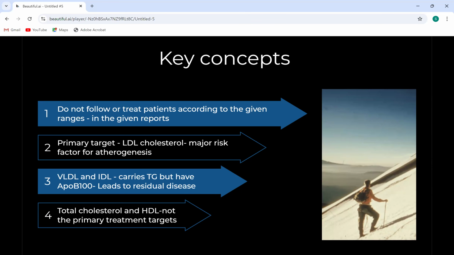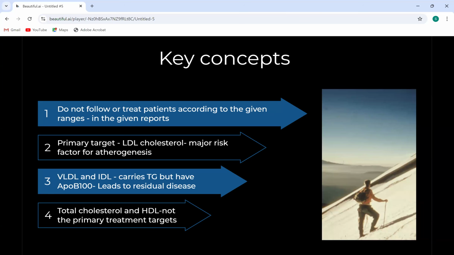Patients will come and say, my total cholesterol is okay, or my total cholesterol is this. What you need to educate them is that it's not your total cholesterol which matters, because it does contain HDL also. So if your HDL is high, your total cholesterol might go up. VLDL and IDL both carry triglycerides, but they also have ApoB100.